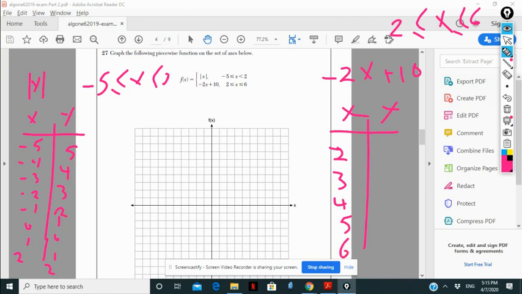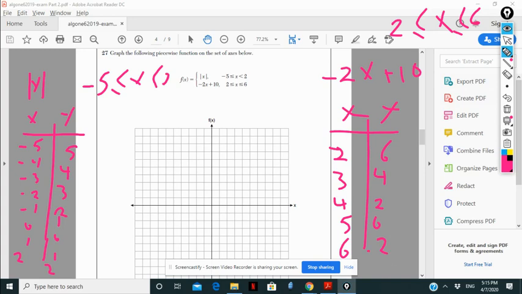So when it's 2, 2 times -2 is -4 plus 10 is 6. When it's 3, 3 times -2 is -6 plus 10 is 4. When x is 4, 4 times -2 is -8 plus 10 is 2. When it's 5, 5 times -2 is -10 plus 10 is 0. 6 times -2 is -12 plus 10 is -2. So we get all the points.